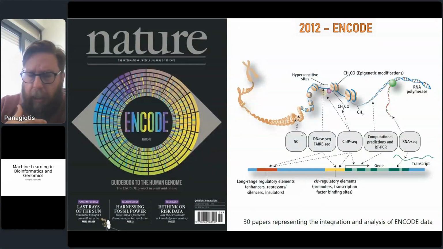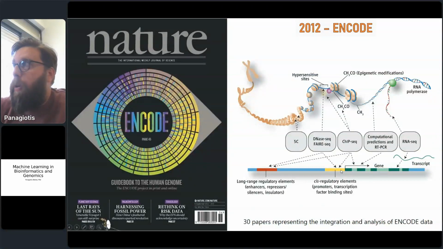They used many different technologies and annotated as much of the genome as possible. And here you can see a gene, and then this yellow area represents the promoter of the gene, which is what we will be working on. So there's lots and lots of genomic data.